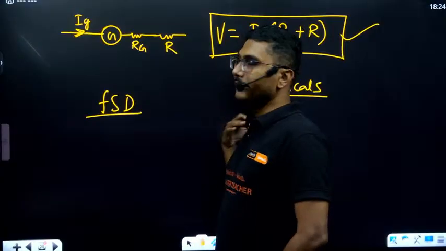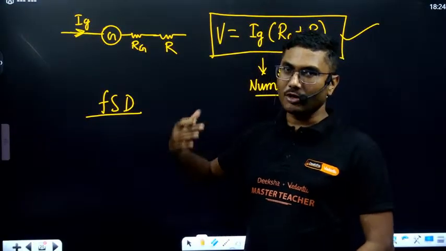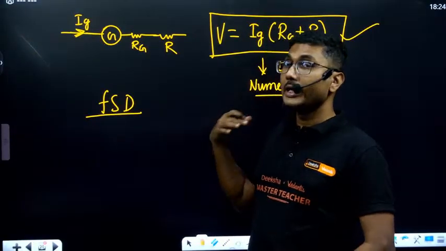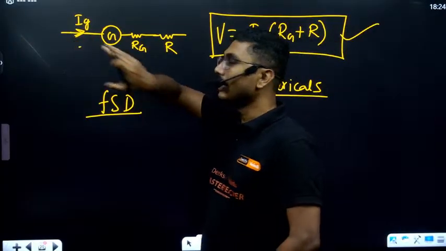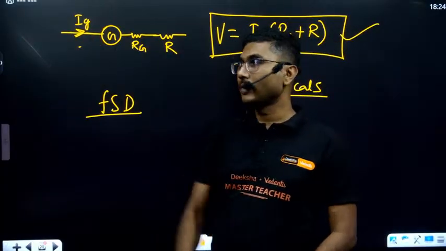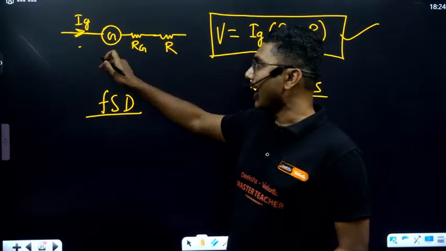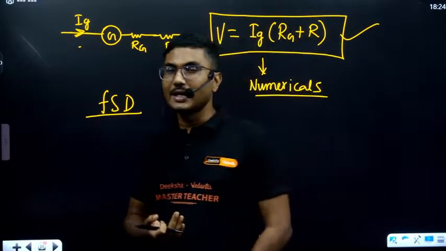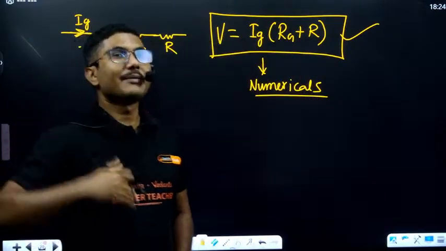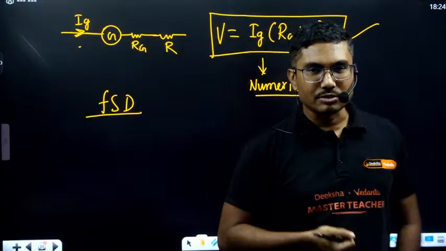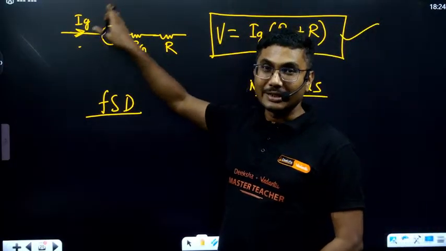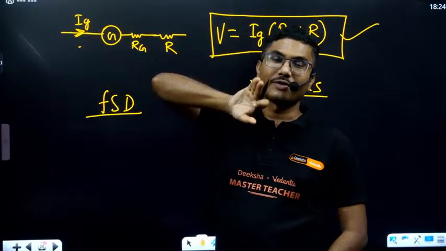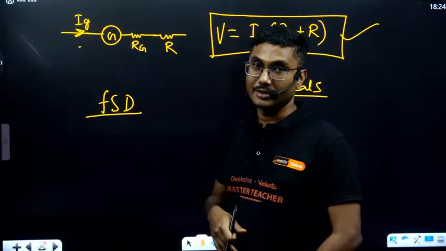Even if you have designed an ammeter or a voltmeter, remember full scale deflection refers to when the current in the galvanometer is maximum. Obviously, I have a capacity of eating two biscuits. That does not mean that I always have to eat two biscuits. I can eat one biscuit also, right? I can eat half a biscuit also.